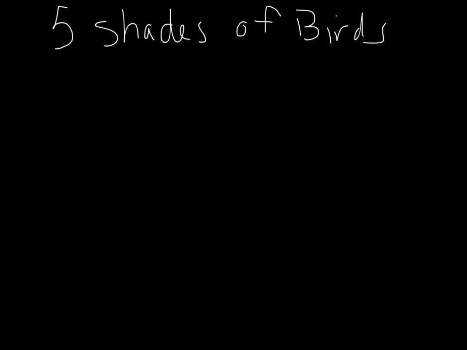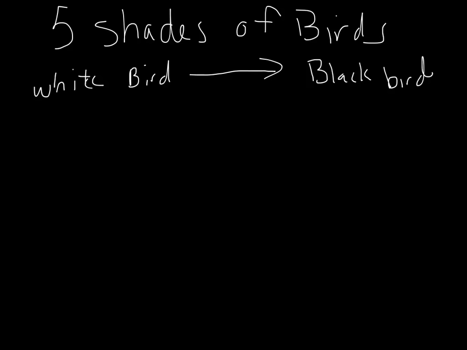And from very, very light, so we'll do a white bird, all the way up to blackbird. And then all the 5 different shades in between. So 1 white, 1 black, and then 3 shades of gray.